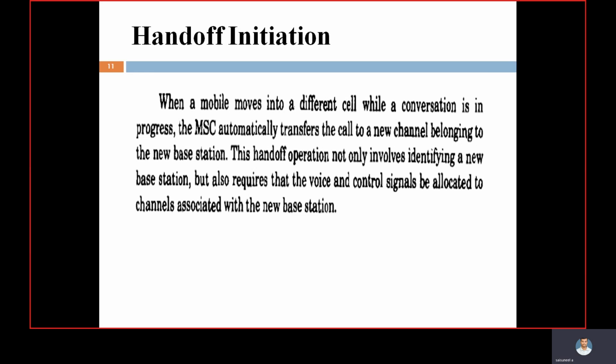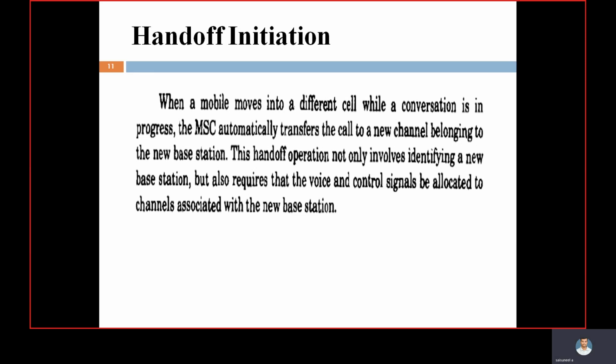This handoff operation not only involves identifying a new base station, but also requires that voice and control signals be allocated to channels associated with the new base station. That is, whenever the mobile unit moves from one base station to another, it allocates a new voice channel and a new setup or control channel to that particular mobile unit.